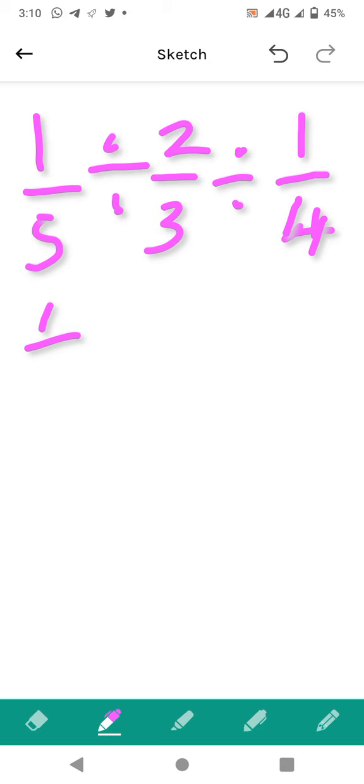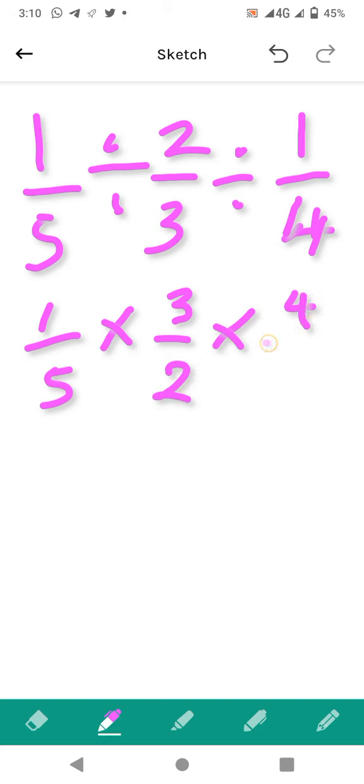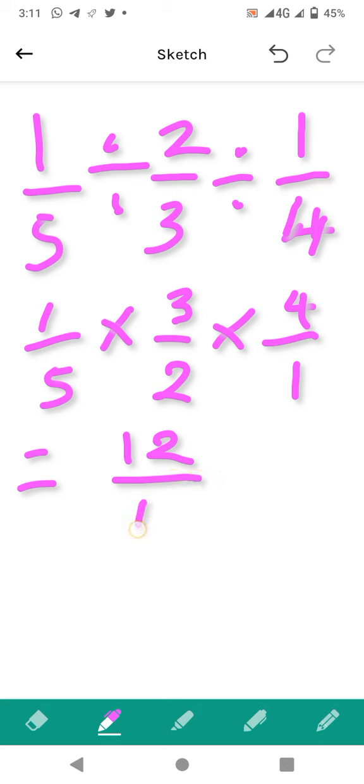That's 1/5 times 3/2, times 4/1. That's what I'm going to have. So all the numerators multiplied will give me 12 and the denominators 10, so 12/10.